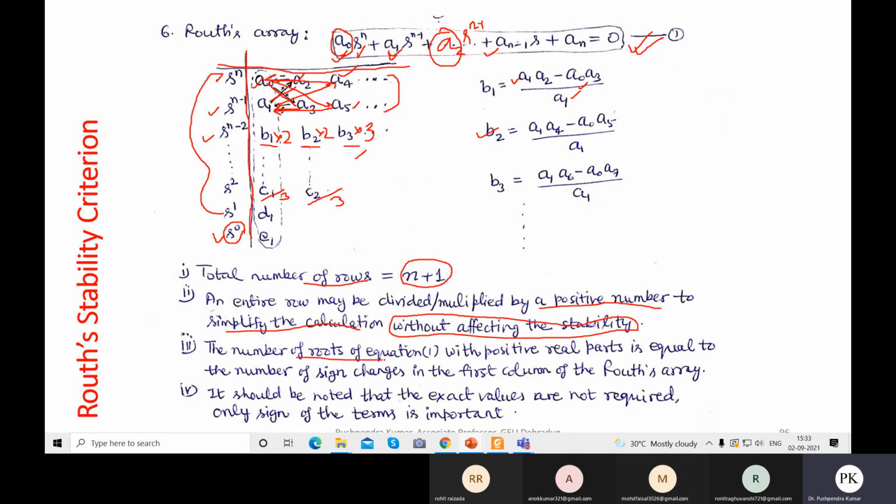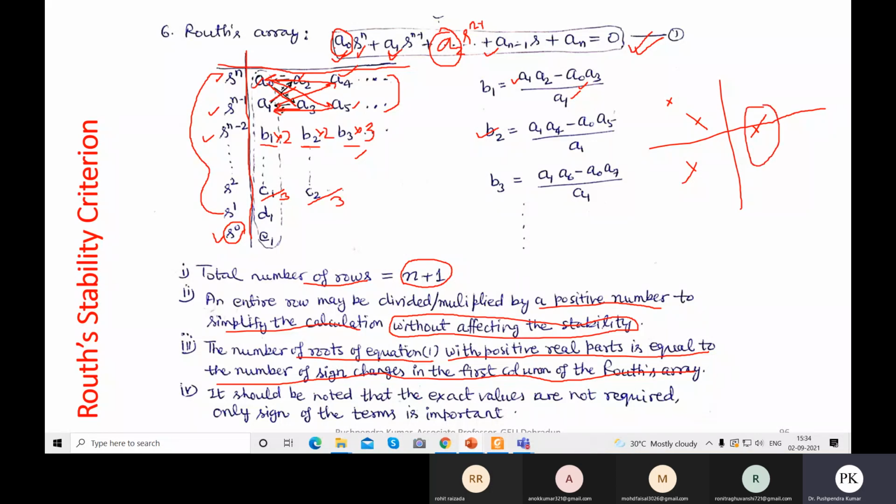The number of roots of equation 1 with positive real parts is equal to the number of sign changes in the first column of the Routh's array. So how many roots will be on the right-hand side? For example, if it is a fourth order system and among the 4 roots, 3 roots are on the left plane and 1 root on the right plane, how do you calculate how many roots are on the right-hand side?